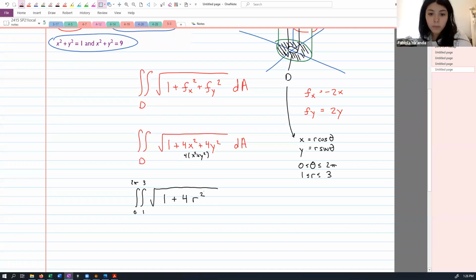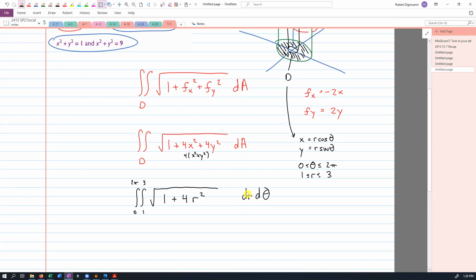R squared, right? And then what's the dA part become? dr d theta. I left a space. Why did I leave a space? The Jacobian, so r.